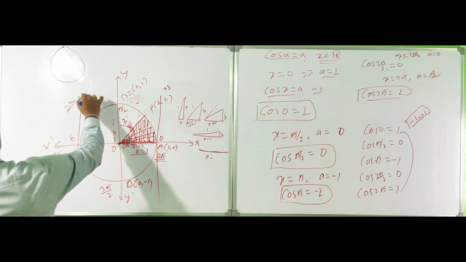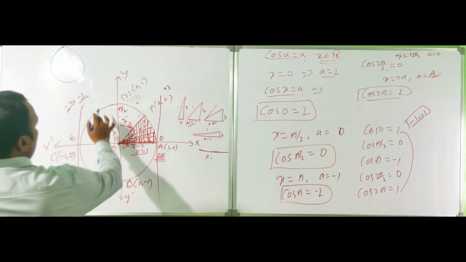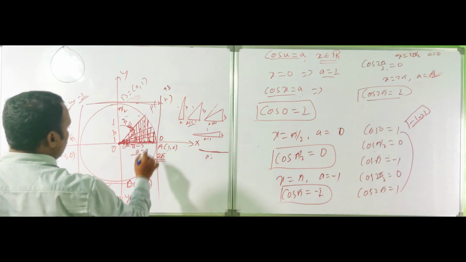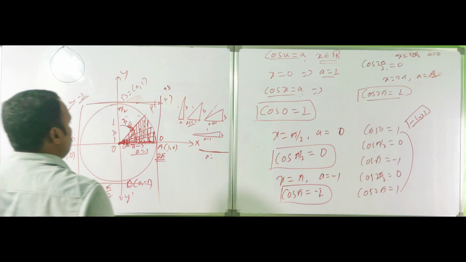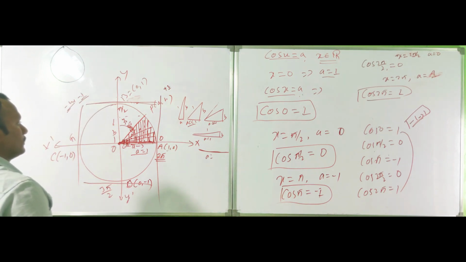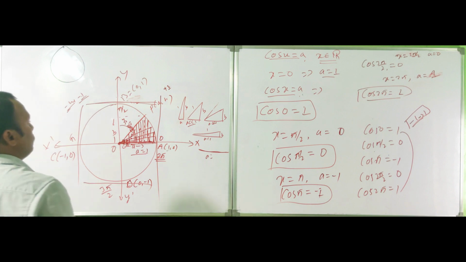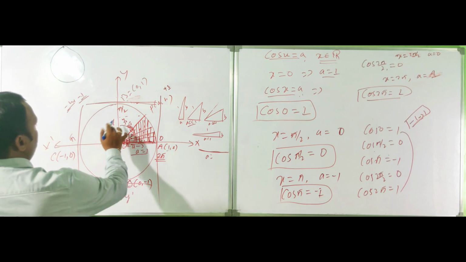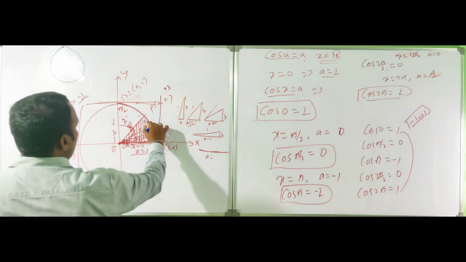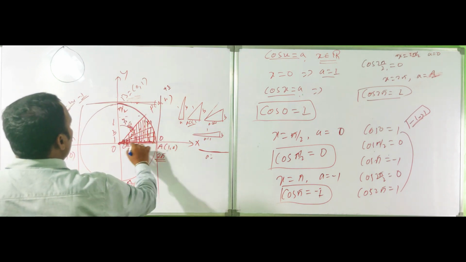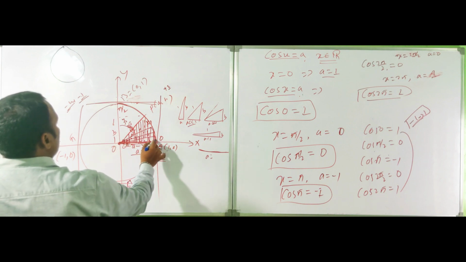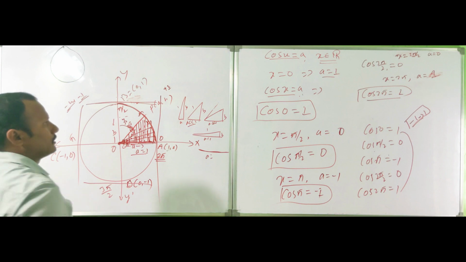Sine is moving in this direction and cos is moving in this direction. Cos moves from this side, sine moves from this side, or you can say sine theta this side.